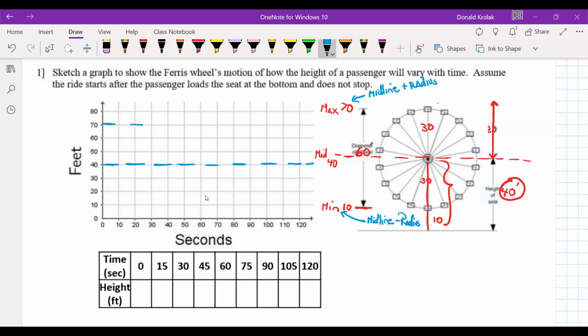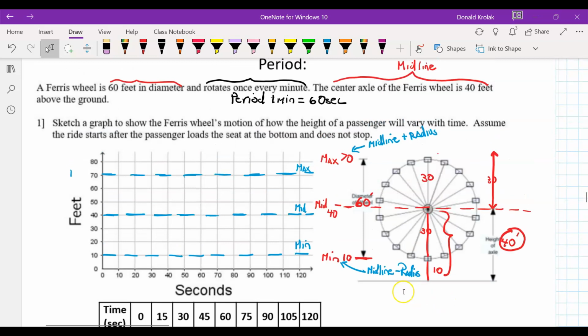It's not going to go above 70, and it won't go below 10. This line is the height of the axle.